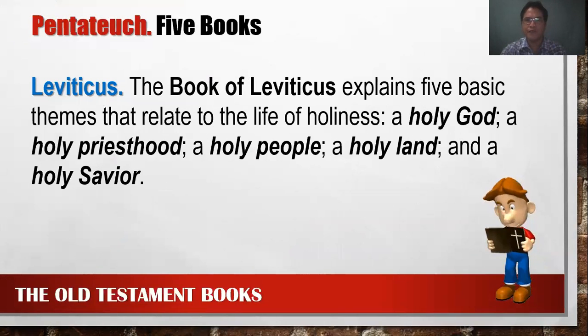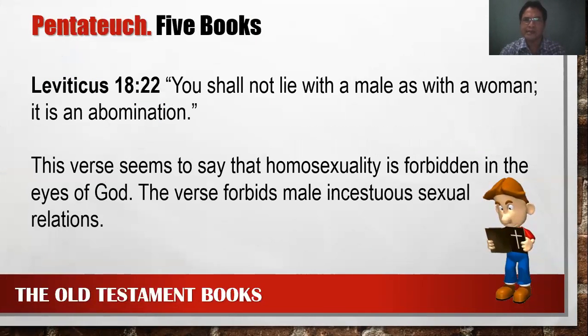The book of Leviticus explains five basic themes that relate to the life of holiness: a holy God, a holy priesthood, a holy people, a holy land, and a holy Savior.